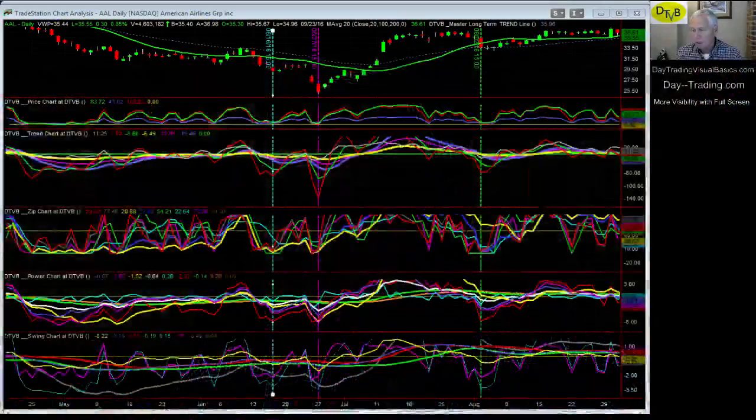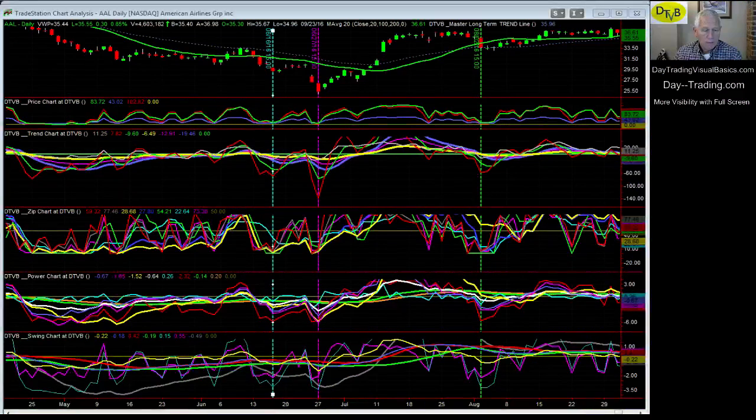If you notice, let me switch over to the chart. Down here on the bottom, we've got swing gray in a cycle low bottom. Swing gray usually travels by itself. It's a wide line, or we draw it in as a wide line. It can do some unique things for us in determining cycles.